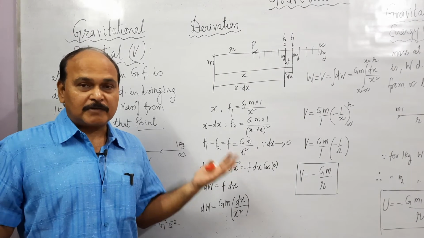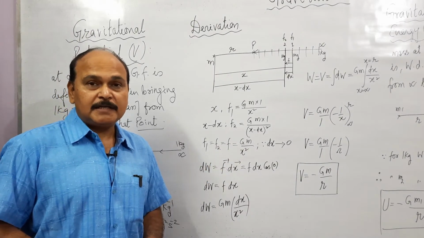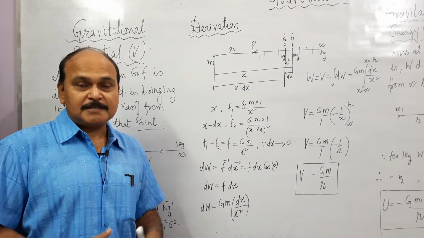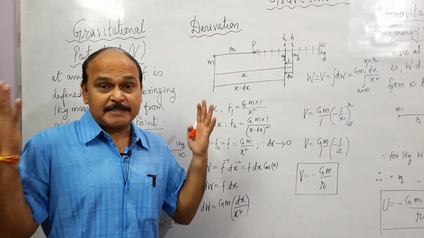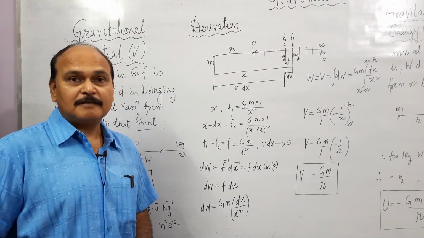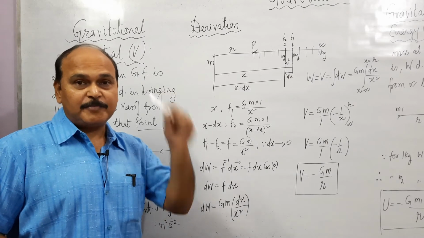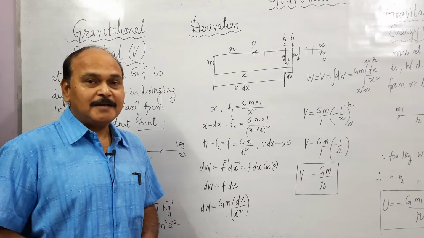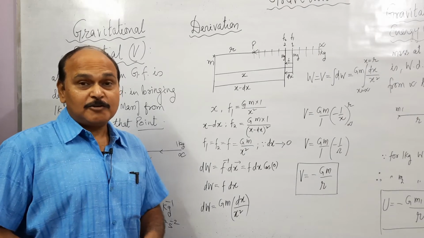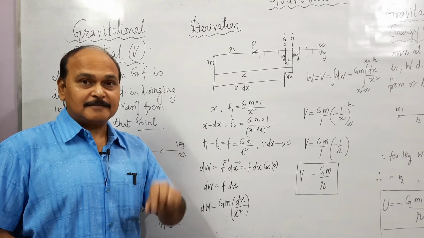Children, in the last class of gravitation, we have studied Newton's law of gravitation. Besides Newton's law of gravitation, we studied the concept of gravitational field. Each and every point in the gravitational field of a mass is characterized by two different physical quantities.